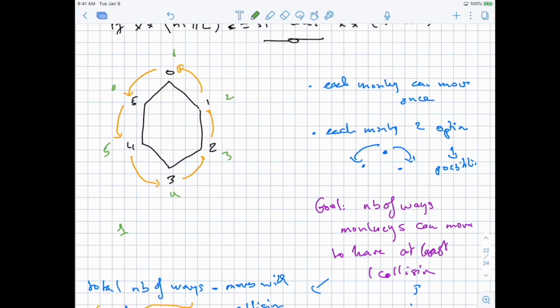Yep. So with this configuration there is no collision. Each of them moved only once, right? So we have the two conditions valid. So we have another way here.